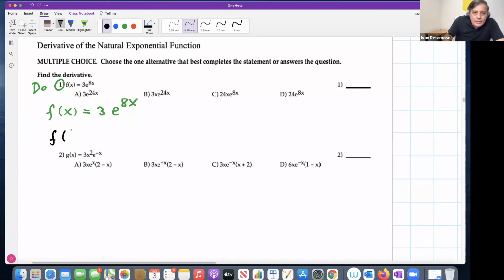Try to see this as a constant, and the number 3 is going to come out. And this e should be seen as the outside function. This 8x should be seen as your inside function, right? That number 3, don't worry about that. It should come out. So go ahead and figure out the derivative.